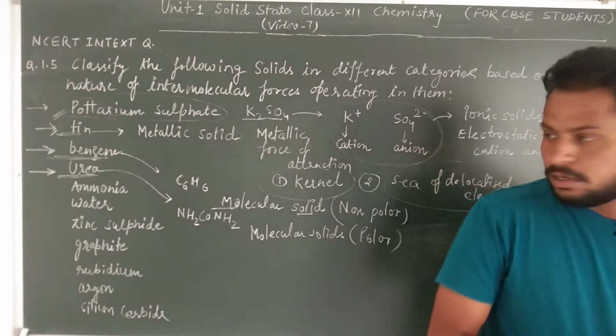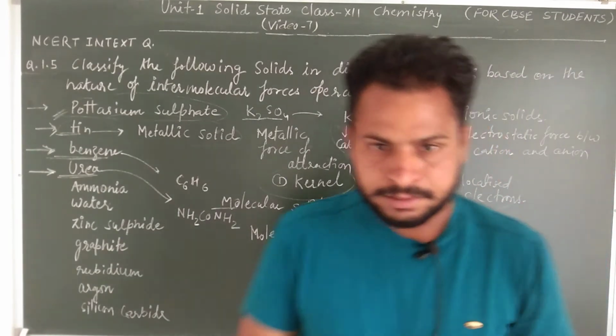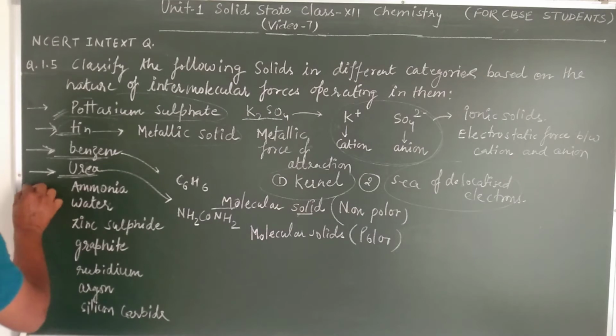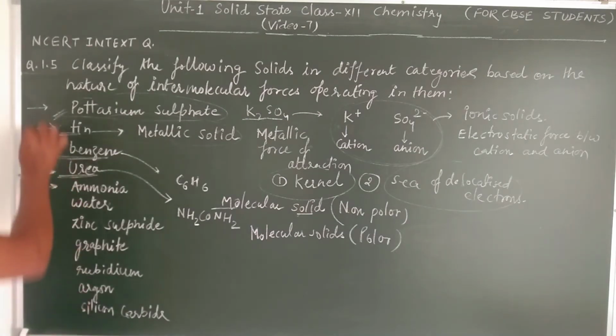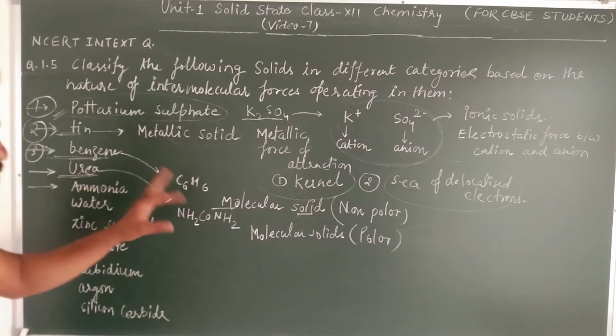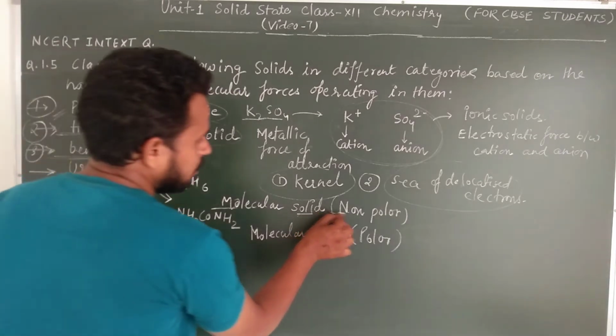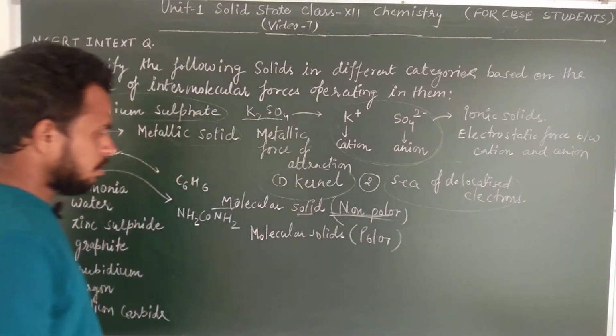And if we talk about ammonia, the fourth one, first is ionic solid, second is metallic solid, third is benzene. Benzene is a molecular solid, but it is non-polar.